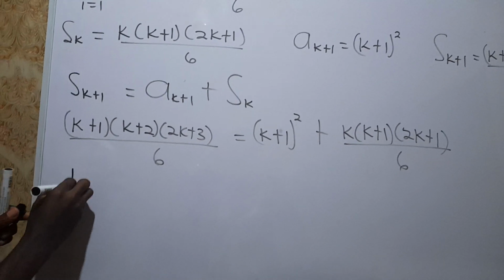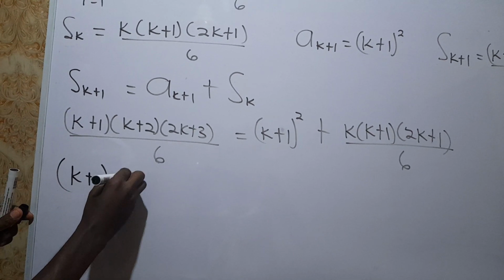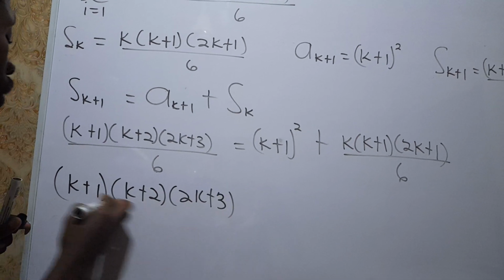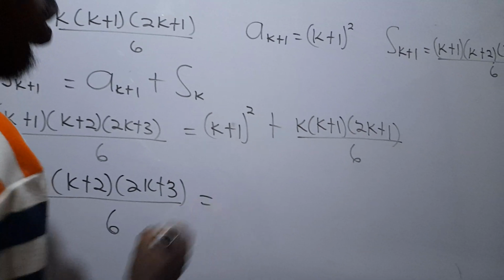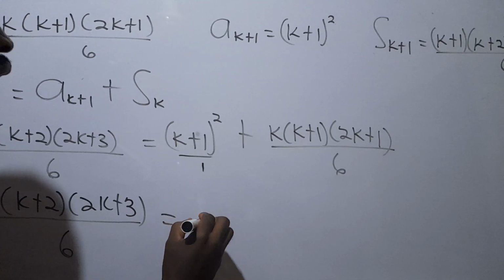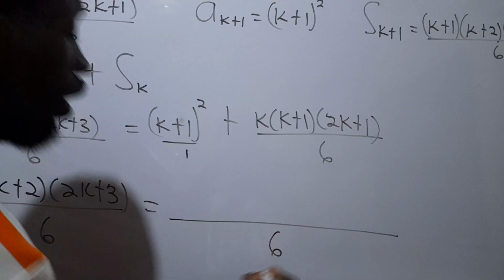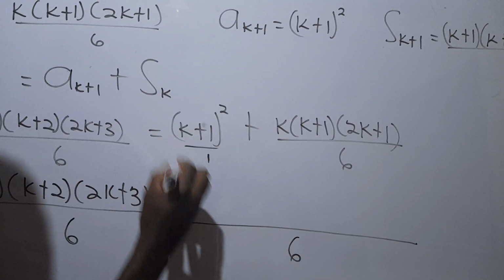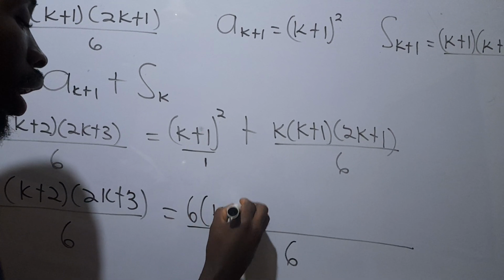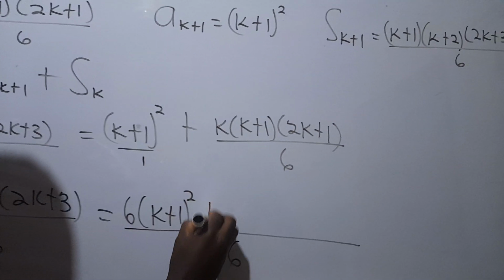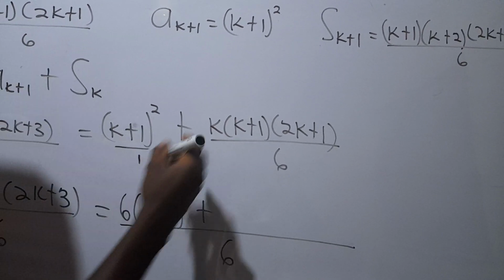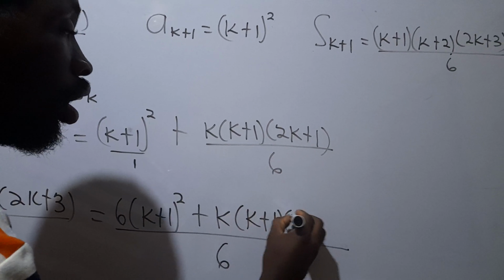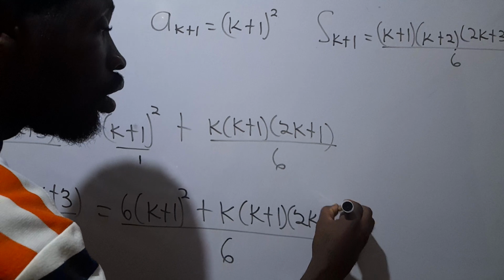So (k plus 1)(k plus 2)(2k plus 3) all over 6 should be equal to, now the denominator here is 1, so I can say the LCM is 6. 6 divided by 1 is 6, so this will be 6 bracket (k plus 1) squared, then plus 6 divided by 6 is 1, so this will just be the same thing, k(k plus 1)(2k plus 1).